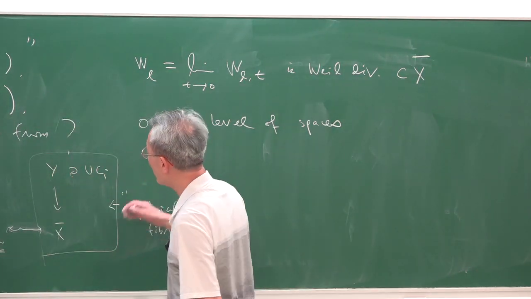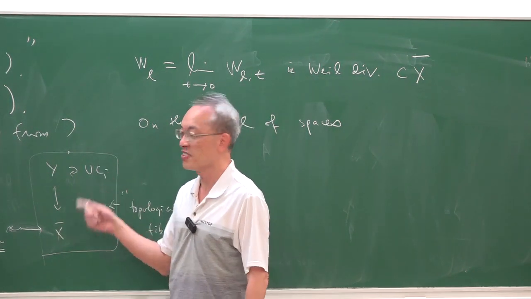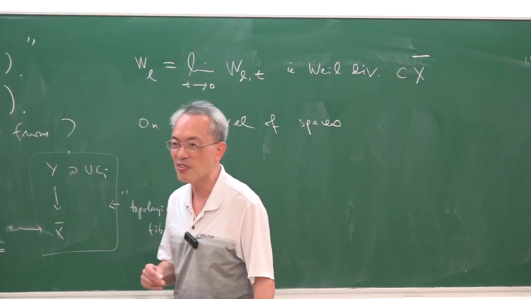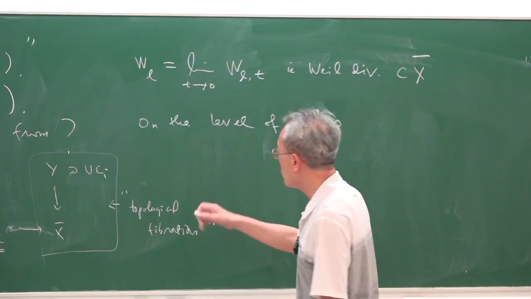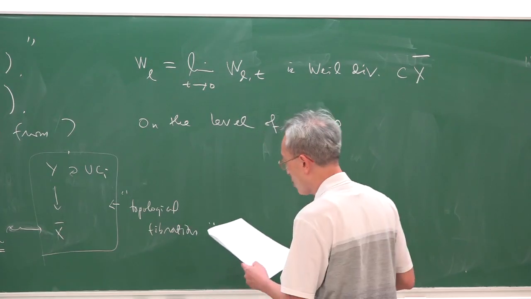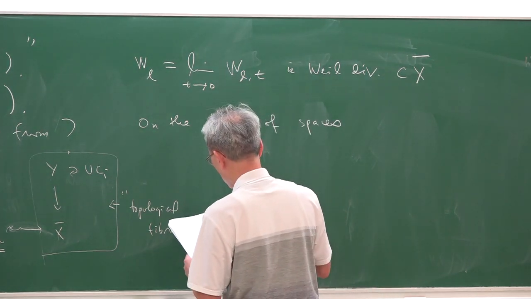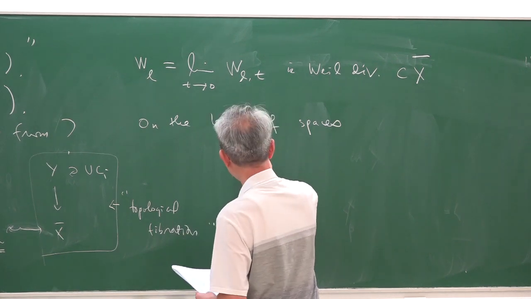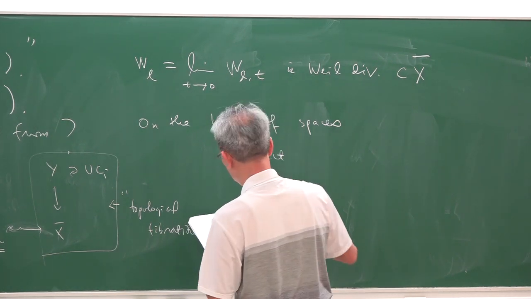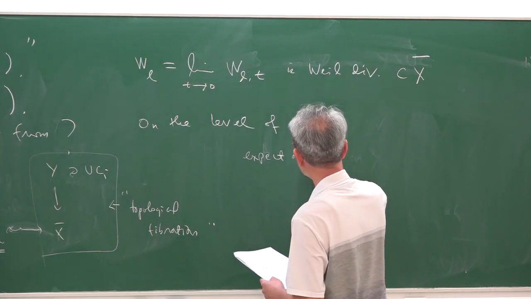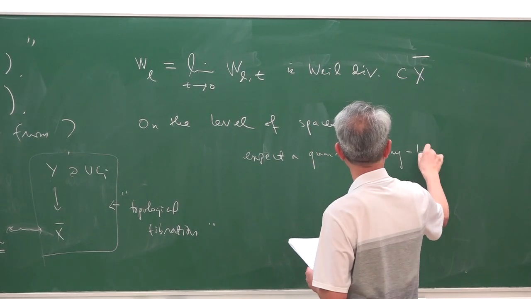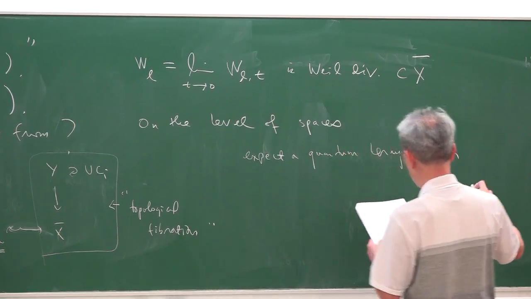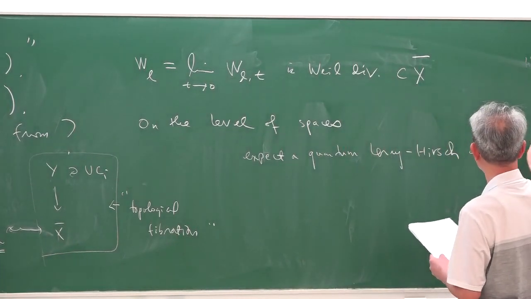So when I write this map, I actually think this is a fibration in some way. But believe it or not, let me just pretend you can try something like this. Expect a quantum Riemann-Roch of the ball.